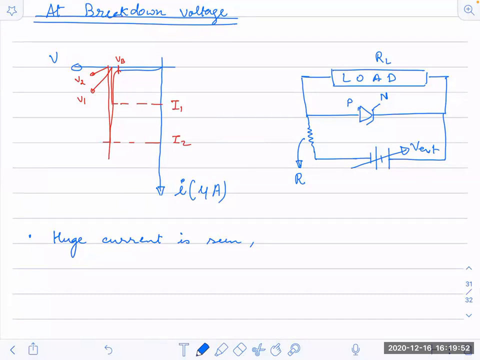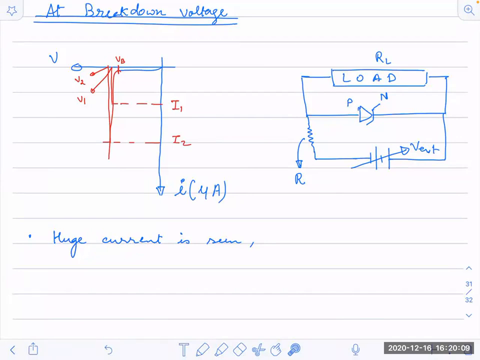Try to understand the question first of all. If the current is increasing, if huge current is seen here, what can I say for the resistance of the diode?